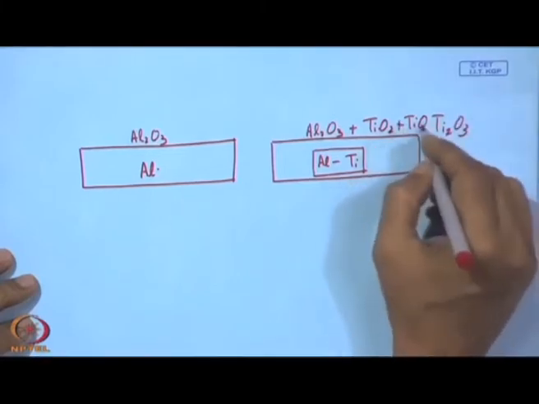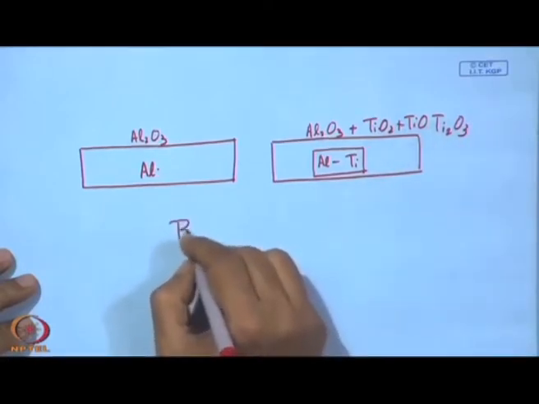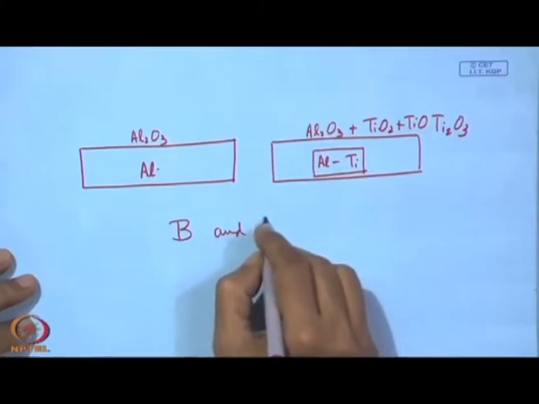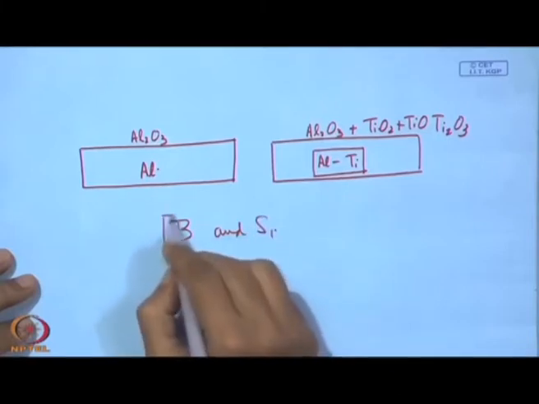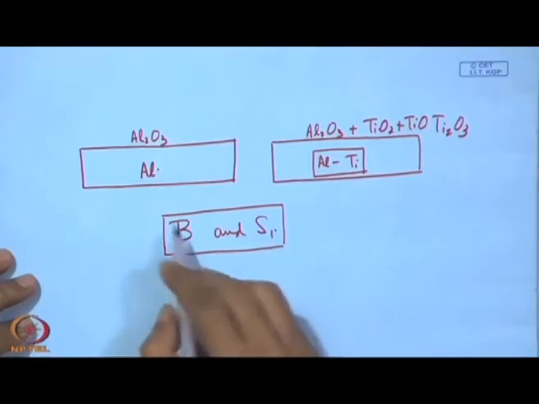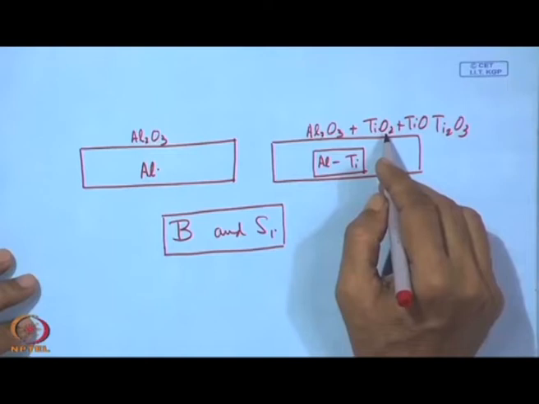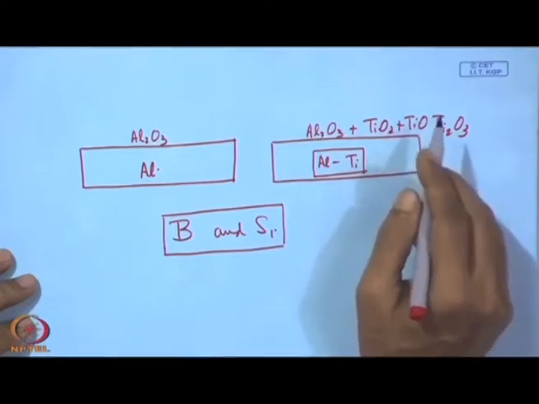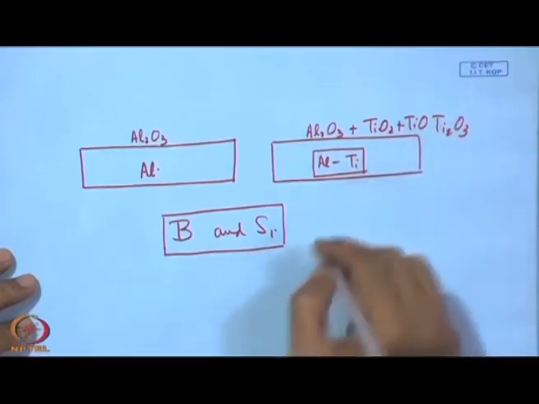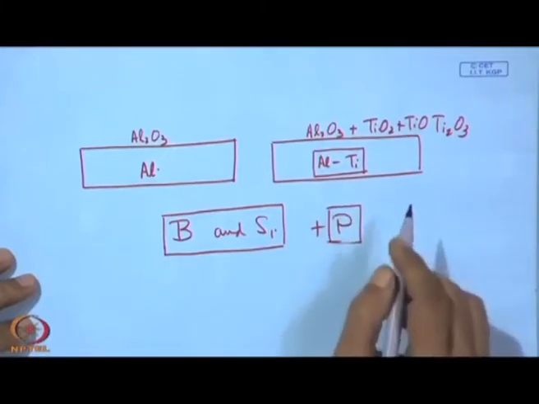Now, chemistry suggests that it may not be possible for this boron and silicon to reduce this aluminum oxide to metallic aluminum or titanium oxide to metallic titanium. So is the case with phosphorus also.